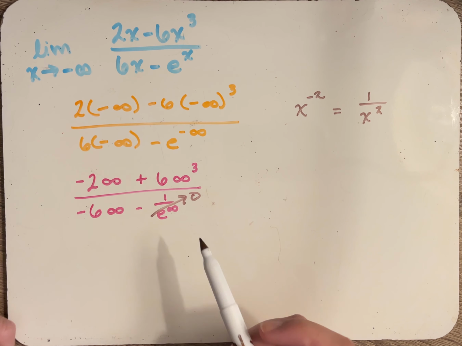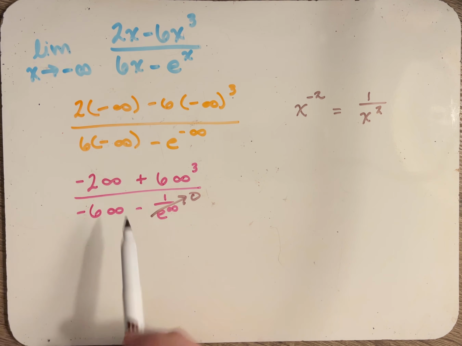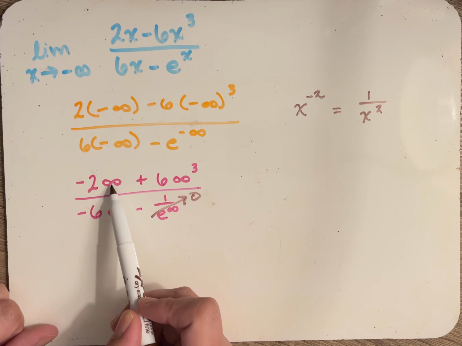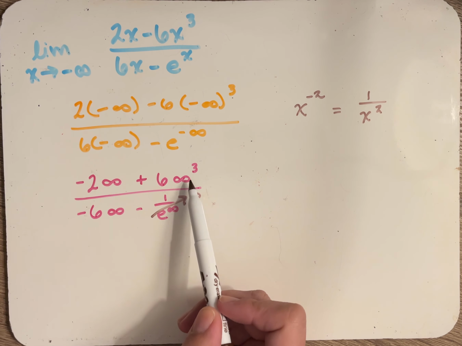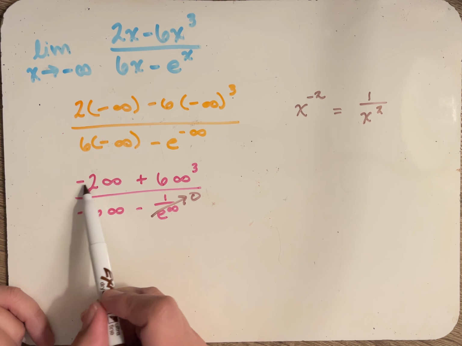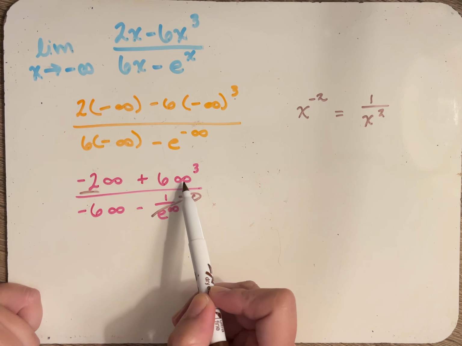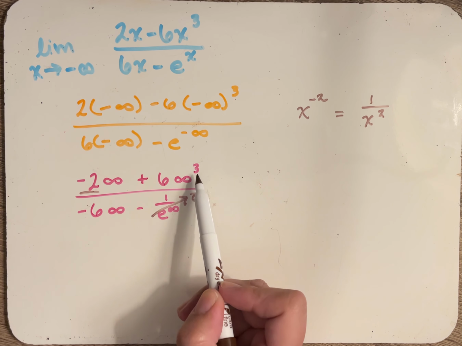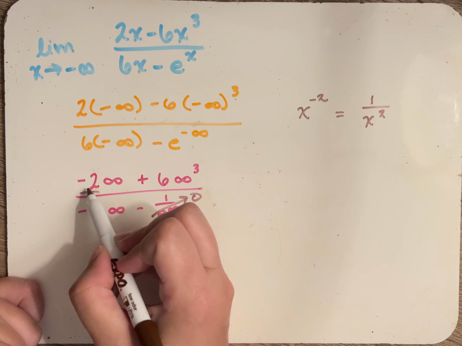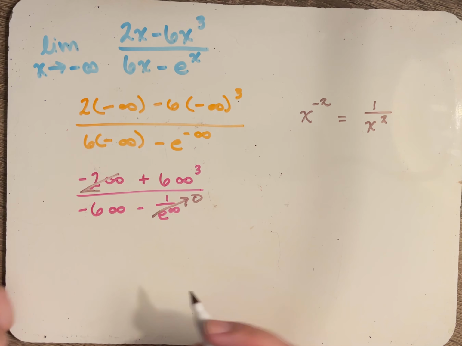So this is going to 0. And then in my numerator, I have infinity and the infinity cubed. So even though this one is negative, it is so much less important than the infinity to the third power that I don't even need to include this part anymore either.